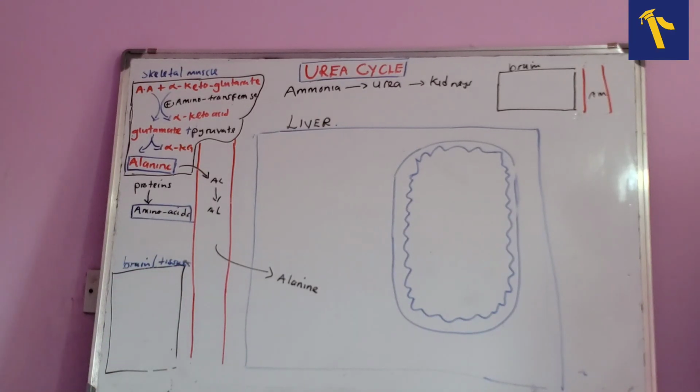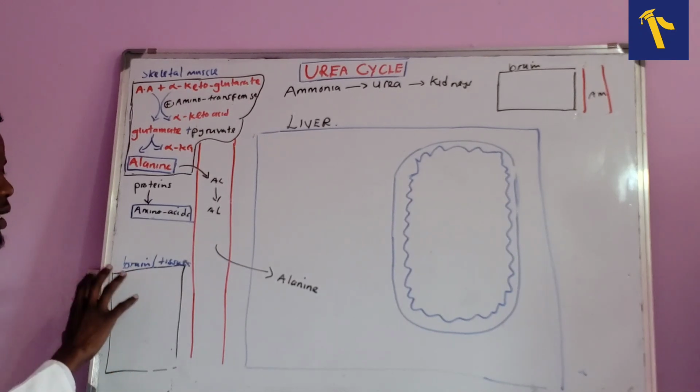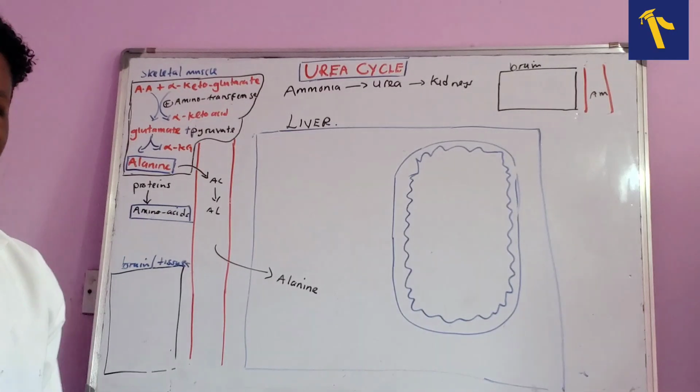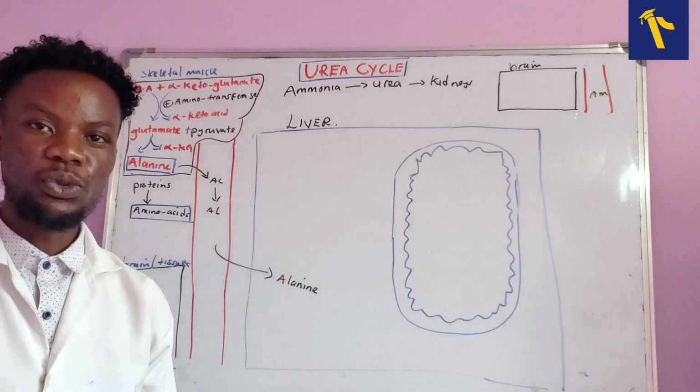Okay, so we go to the brain tissues. On the brain tissues, it's more like the same thing. Now we're going to use another transport for the brain tissues.